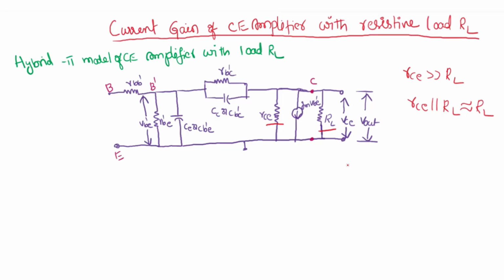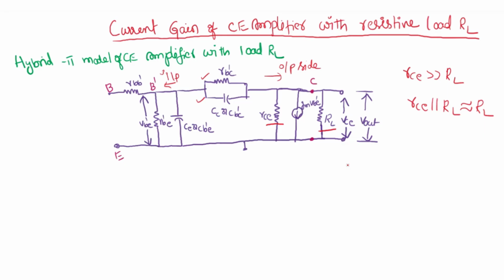Another point is, say this Rb'c and Cb'c. This side is the input side, and this side is the output side. If you observe these two, Rb'c and Cb'c, both lie between input and output, so these two elements connect output and input.